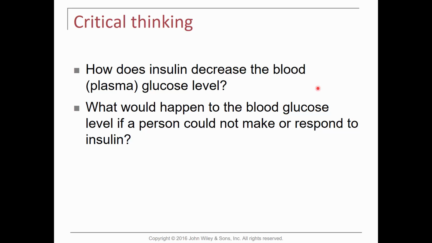If a person did not have insulin or could not respond to their insulin, then the cell would have difficulty putting the GLUT transporters in the membrane. Glucose wouldn't be able to come into the cell, and glucose would be stuck out in the plasma, and that would make the blood glucose level really, really high. And that results in a condition called hyperglycemia.